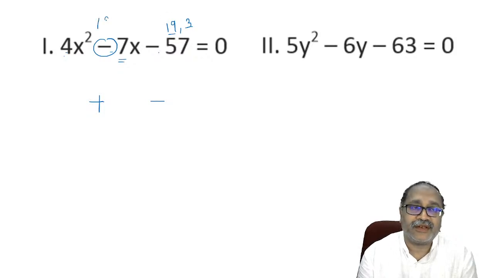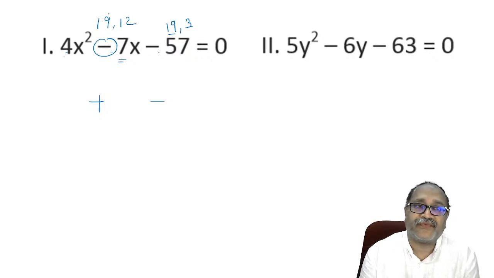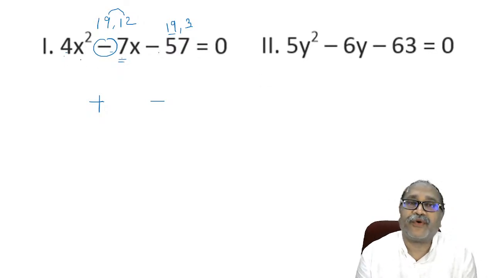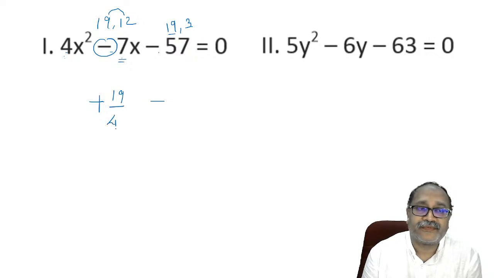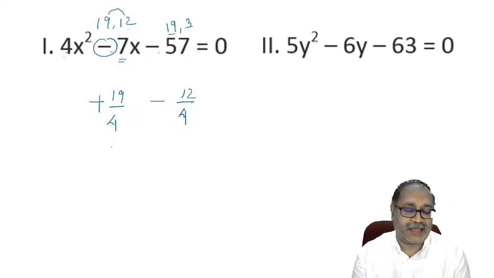So 19 minus 12, will I get 7? So the difference between 19 and 12. That's right. Now what is the next thing we are going to do? That's 19 by 4, the bigger number comes first, and the next one is 12 by 4. That's how we get the value of x.